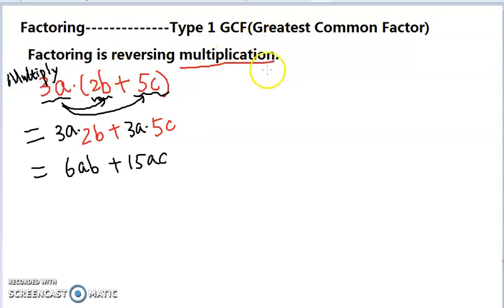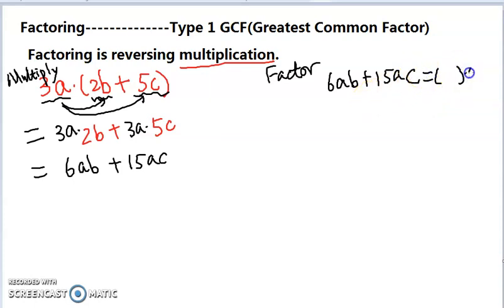Now, the factoring question will be reversing the steps we had. So if we are given a question, factor 6ab plus 15ac, what we need to do is write this as something times something.